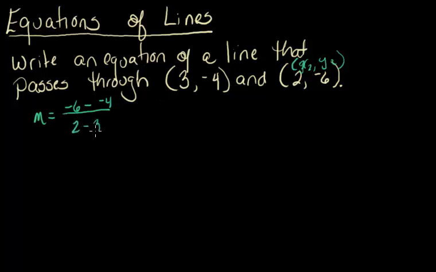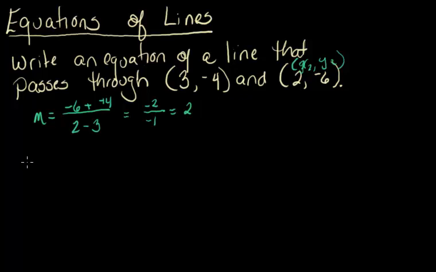So that's 2 minus 3. Using the same change, I get -6 plus 4, which is -2, and 2 minus 3 is -1. My slope is 2.